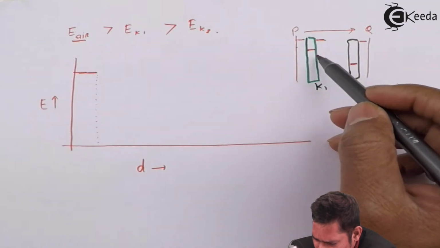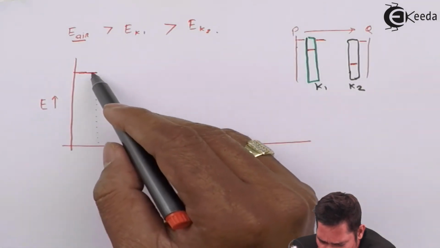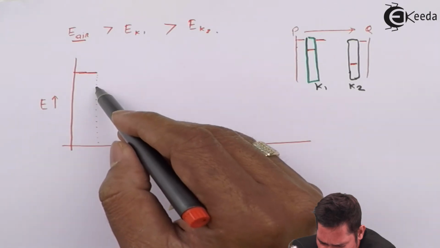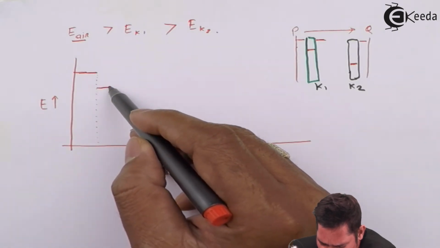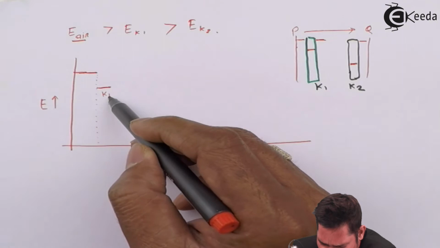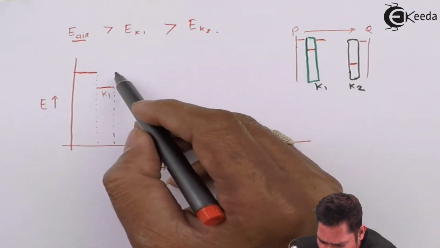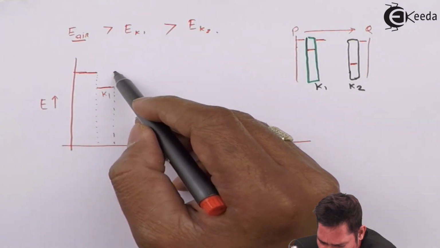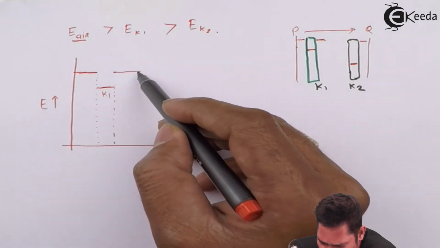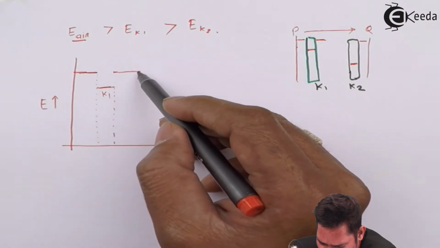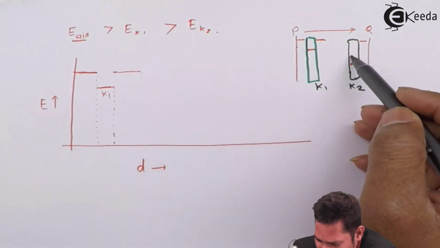So from here to when it finds another one, this is for K1 dielectric, and then again I have air, so again it will rise up to this level, and it will continue till there is dielectric K2.